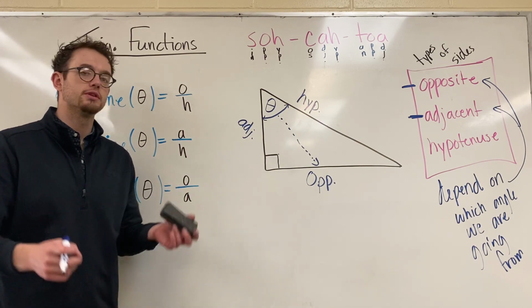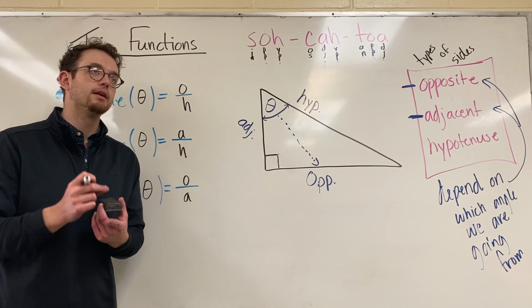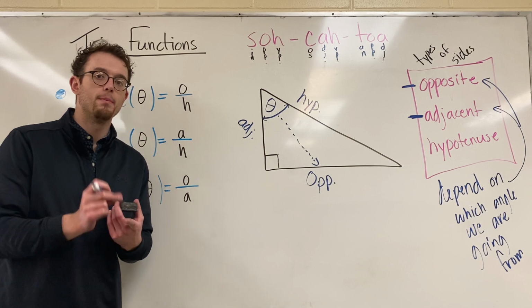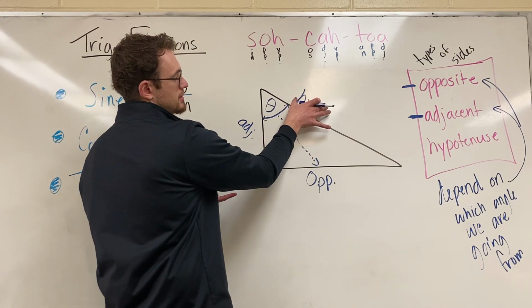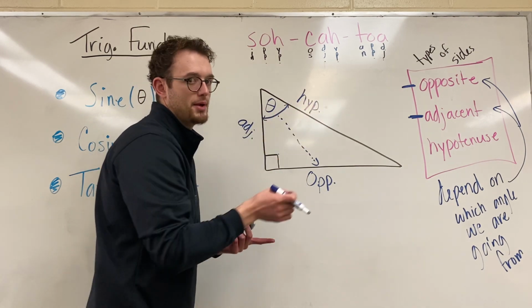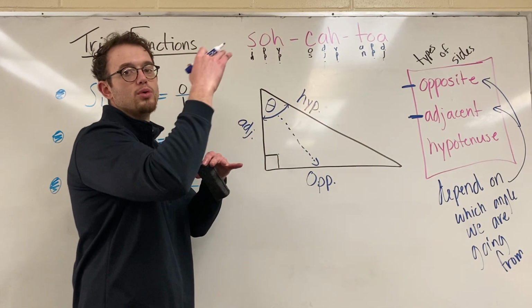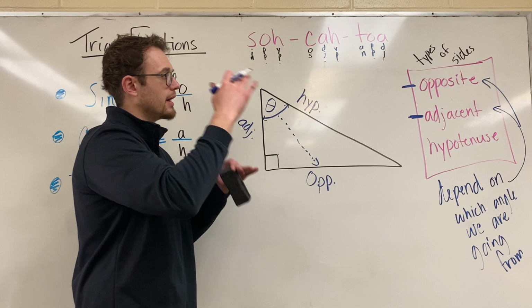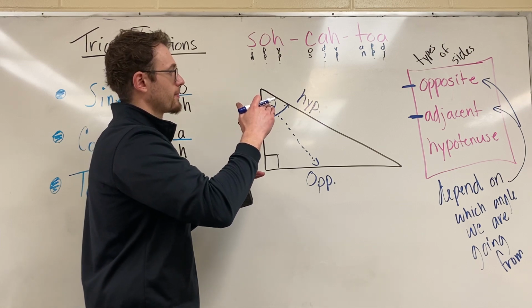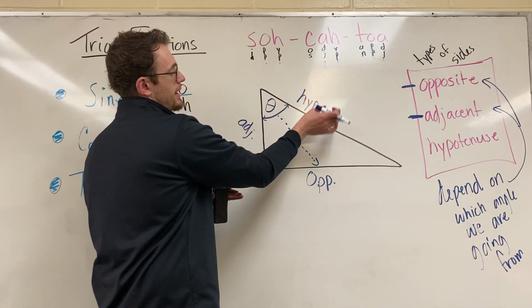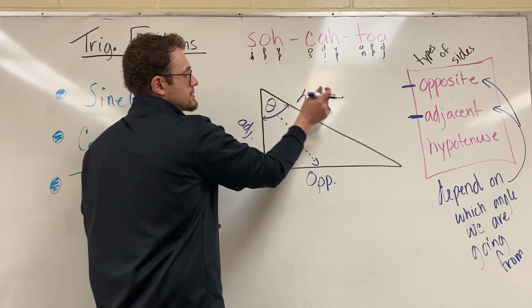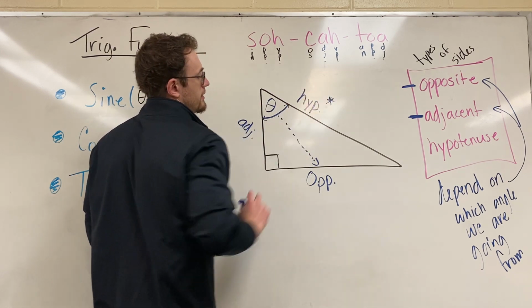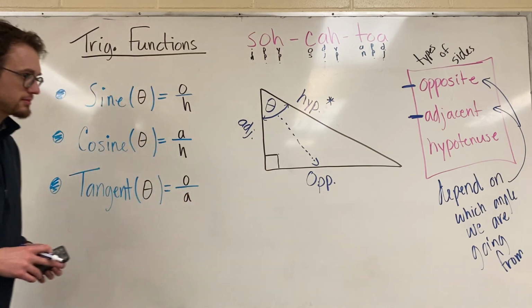When we're talking about angles, it means it is one of the sides that makes the angle. So yes, this is also adjacent, but the hypotenuse overrules it. So this is adjacent, this is opposite, and this is always the hypotenuse, no matter what. Longest side.